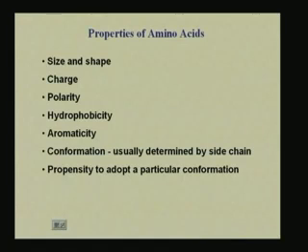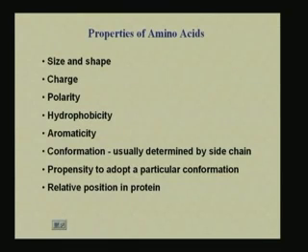This we will study, the propensity to adopt a particular conformation. This comes when we will be doing the secondary structure of proteins, which we will be doing in detail later on.